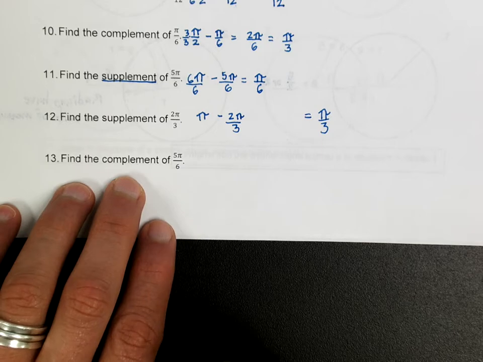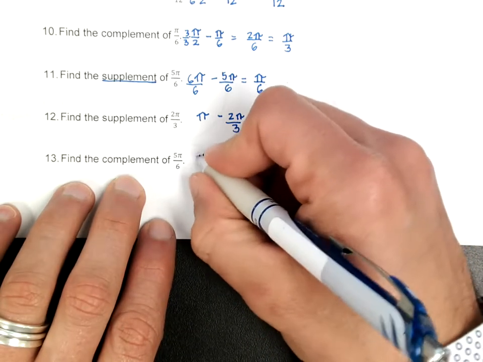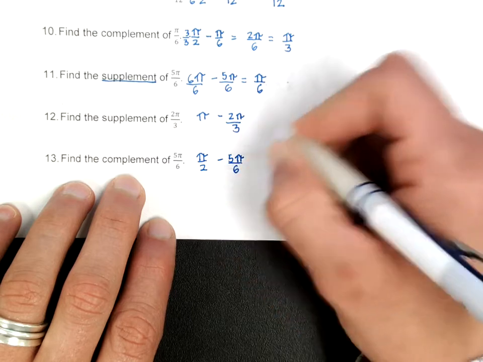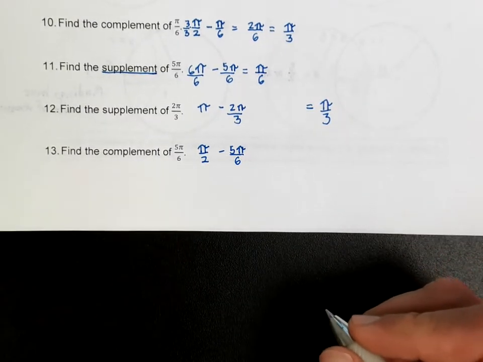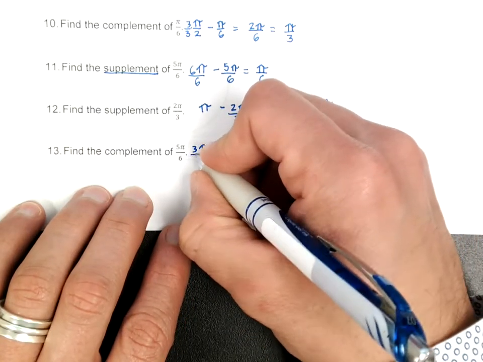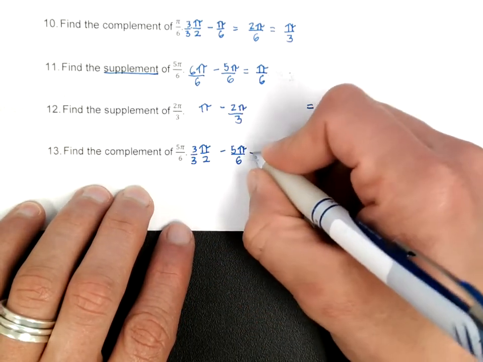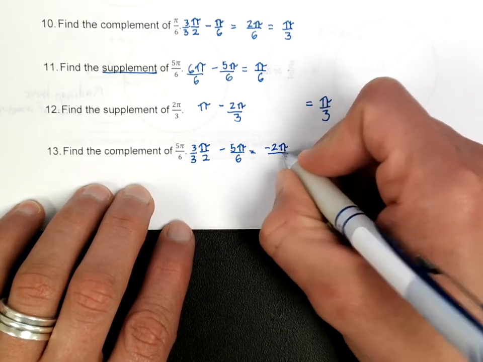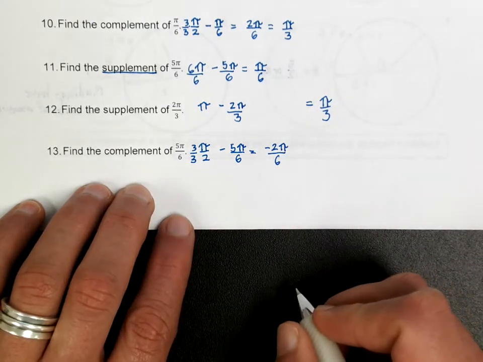So the complement is 90 degrees, so this is pi over 2 minus 5 pi over 6. Now, maybe you already see the problem with this, but if you don't, go ahead and do the math, and that's going to show you that something is not quite right. Now, this is going to be 3 pi minus 5 pi, which is negative 2 pi. Common denominator was 6, right?